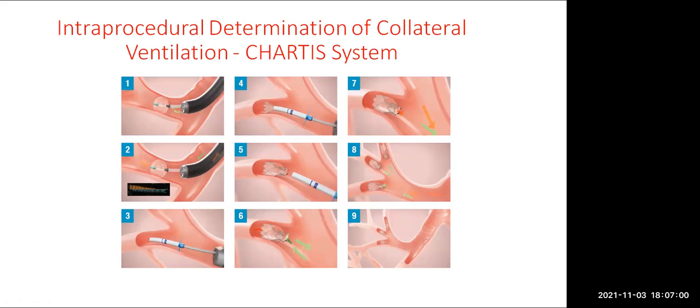And if there's collaterals, then the pressure doesn't go up because the air just goes out through the collaterals. But if there are no collaterals, then the pressure increases because the flow can't leave.